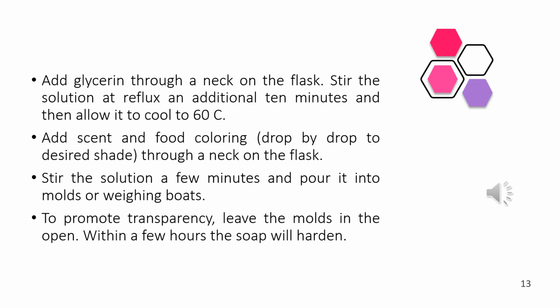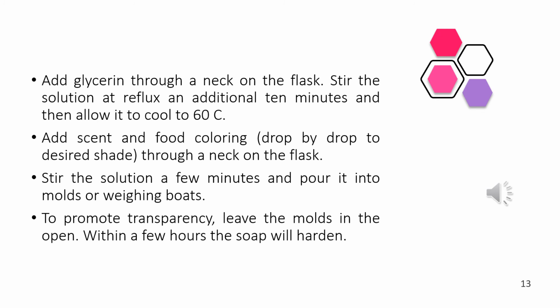After the addition of glycerine, we will stir this solution following the reflux condition. This mixture is stirred for about 10 minutes. After stirring for about 10 minutes, we will allow this mixture to cool to 60 degrees centigrade.